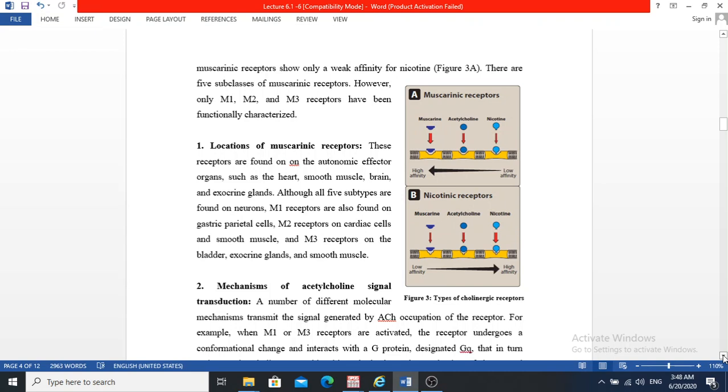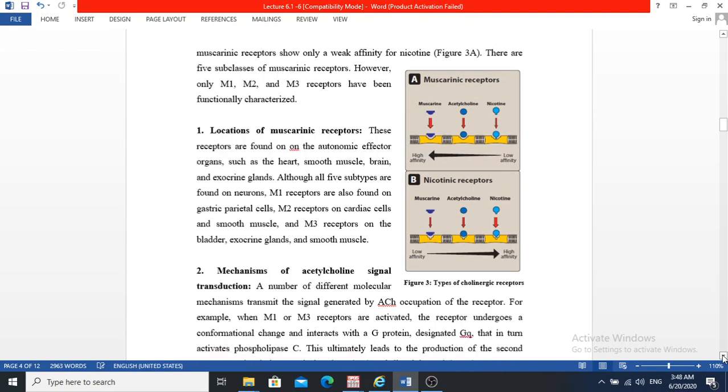M1 receptors are also found on gastric parietal cells, M2 receptors on cardiac cells and smooth muscle, and M3 receptors on the bladder, exocrine glands, and smooth muscle.